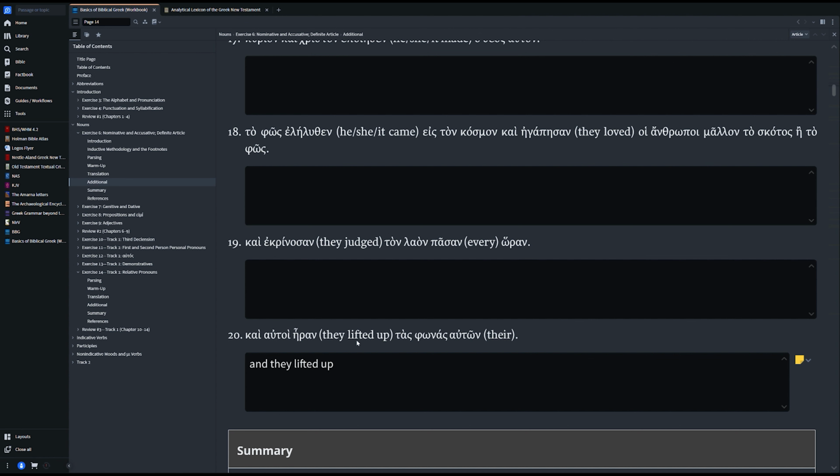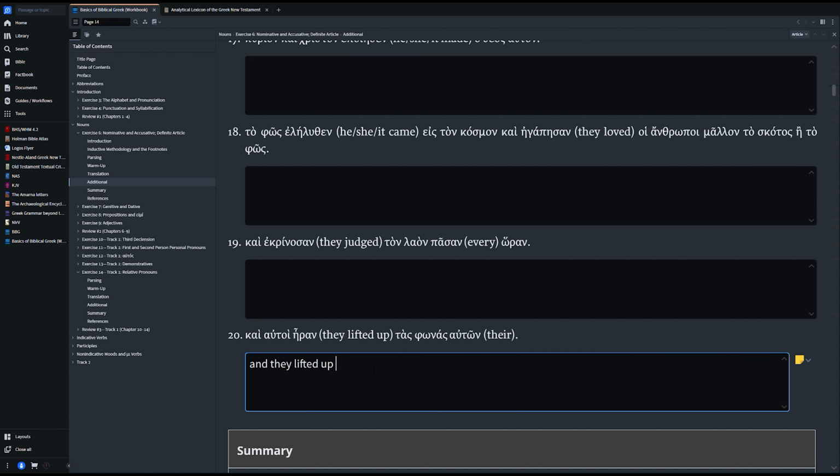They lift it up. And then we have our next noun, which is tas phonas. Tas is the article that goes with this phonas. And you've already had phonas in your vocabulary. It is phoni, which means sound. It is feminine. And so you think of the options here, and tas phonas is going to be accusative.